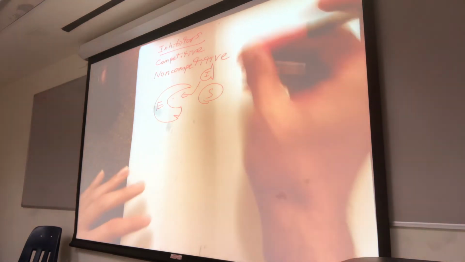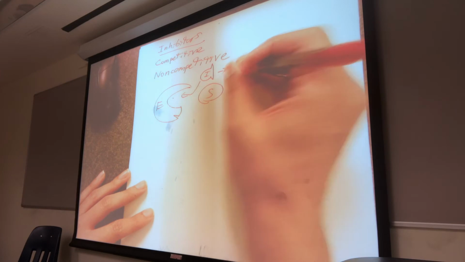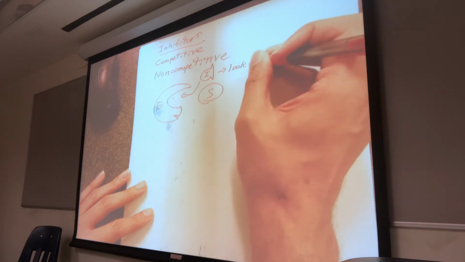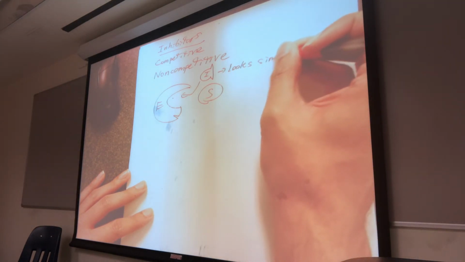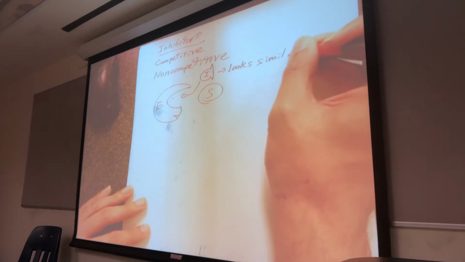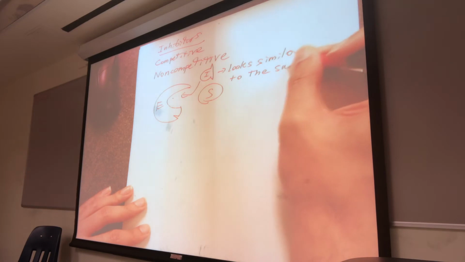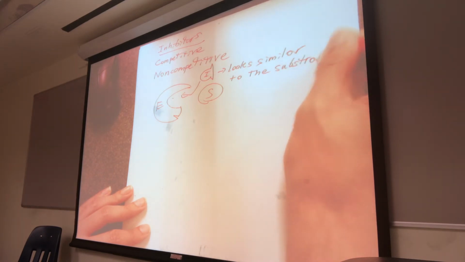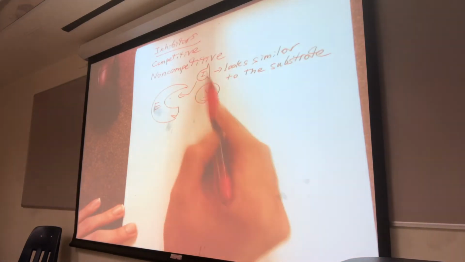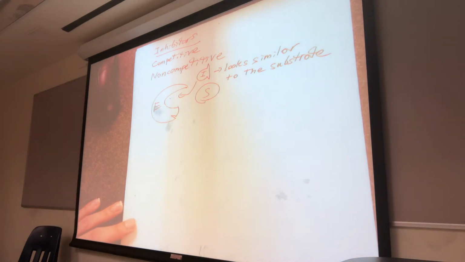And because of that, the competitive inhibitor will look similar in shape and structure to the substrate, because it has to go to the same spot, so it must look similar, but it's probably not exactly the same. I have this extra little tail here to illustrate that.